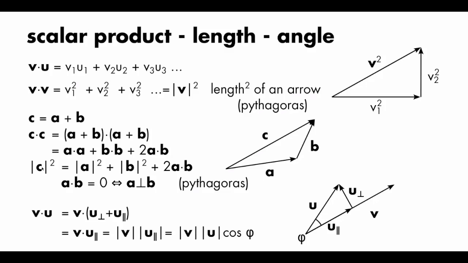But we know that if A and B are orthogonal, then Pythagoras' theorem should hold. So we have C squared equals A squared plus B squared if and only if A and B are orthogonal.